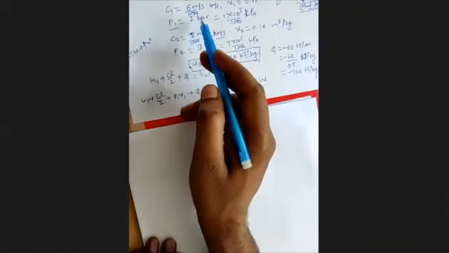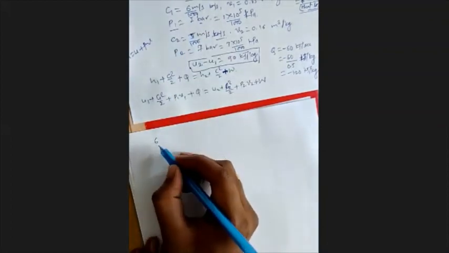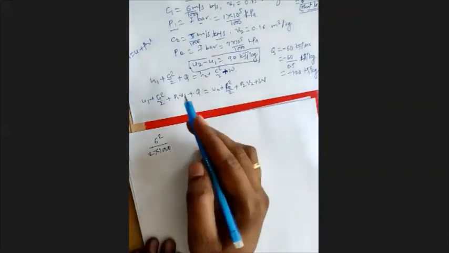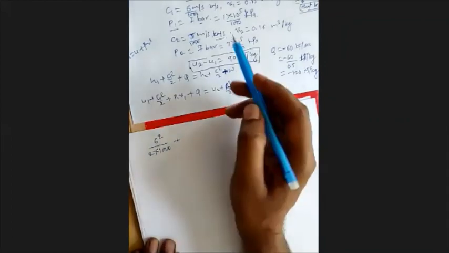What is C1? 6 square by 2 into 1000 plus what is Q?